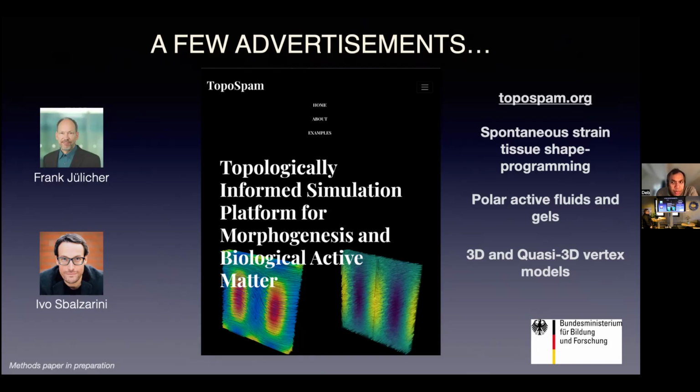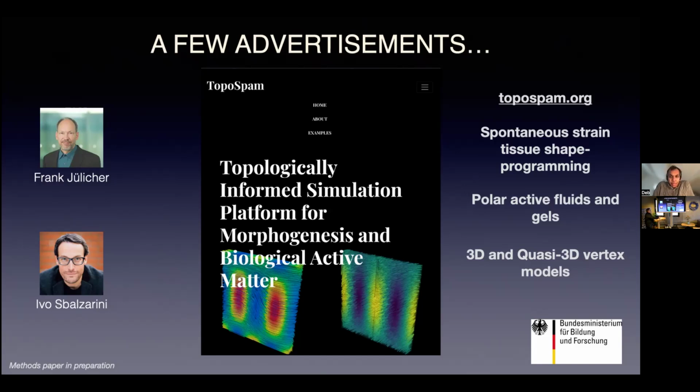The software package runs these coarse-grained tissue shape change models together with polar active gels, polar active fluids, and 3D and quasi-3D vertex models. So it's a one-stop shop. It's not shopping, it's free to download, but one source for many different scales of topologically sensitive mechanical biology models.